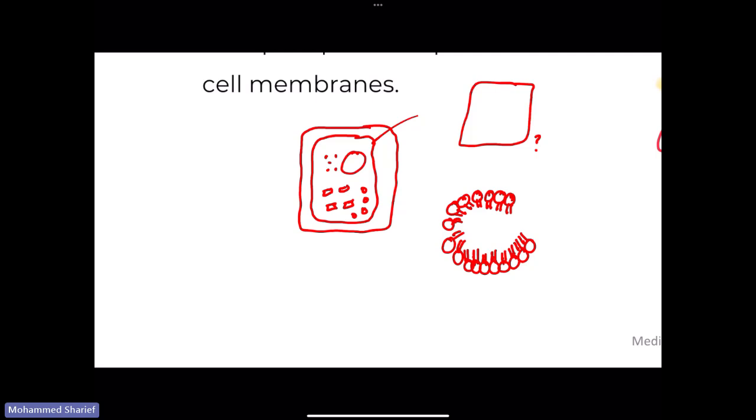Obviously, this is just a rough shape. This is an example of a cell membrane. This square is basically this, but in a square shape. All the hydrophobic tails are aligned inwards because they don't want to touch the water, and all the phosphate heads are aligned outwards because they love to touch the water.